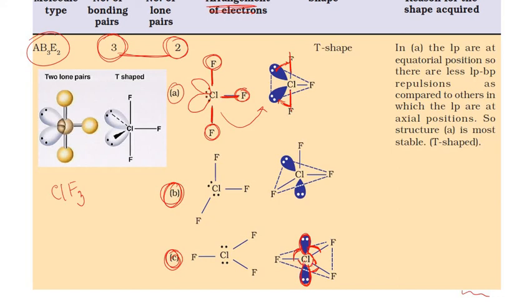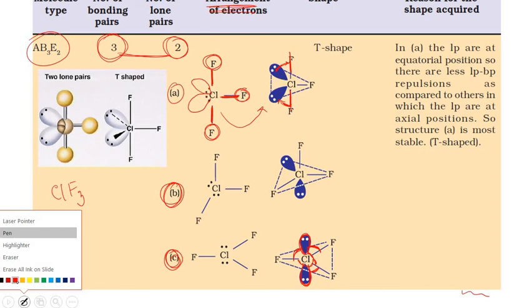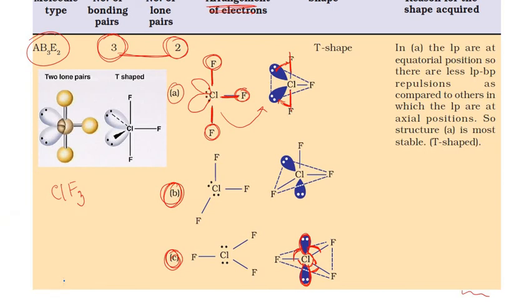So therefore we can see that there are 6 interactions between the lone pair and the bond pair. So therefore, in order to minimize the repulsions, the lone pairs of electrons in ClF3 will be occupying the equatorial positions, right? And due to which the shape is now called T shape.